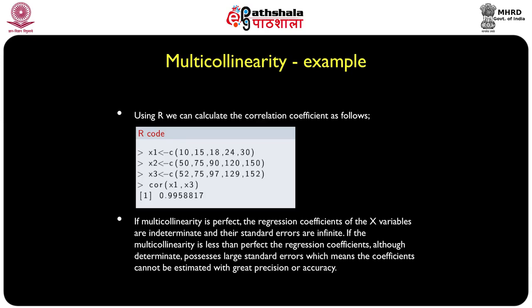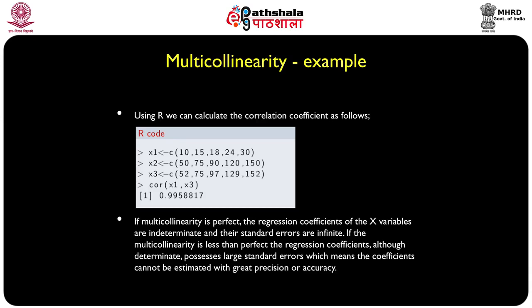We are interested here in the correlation coefficient between x1 and x3. Hence, we use the COR function in R and use x1 and x3 as the two variables, and the R output 0.995817 is what R gives us as the correlation coefficient between x1 and x3.